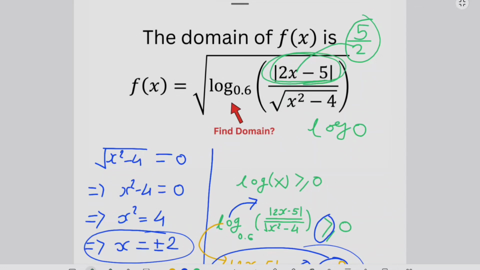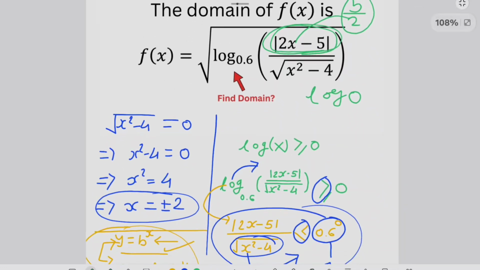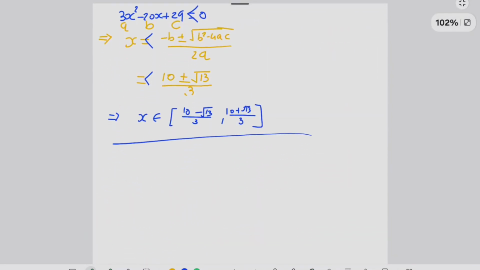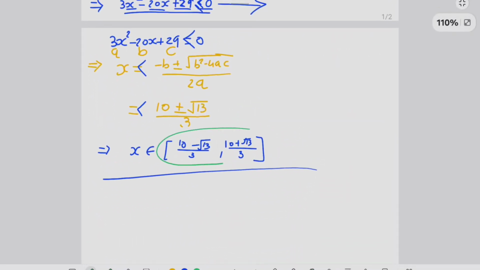So we have to cancel out 5 by 2 from our domain, and we have to cancel out also plus or minus 2 from our domain, and we have to take this interval as our domain. So combining these three terms, we will get the final answer.